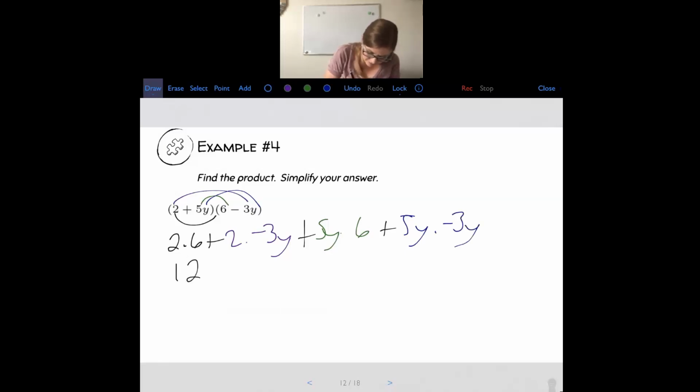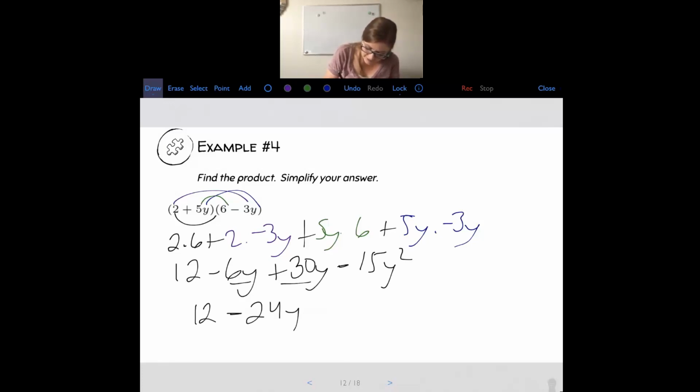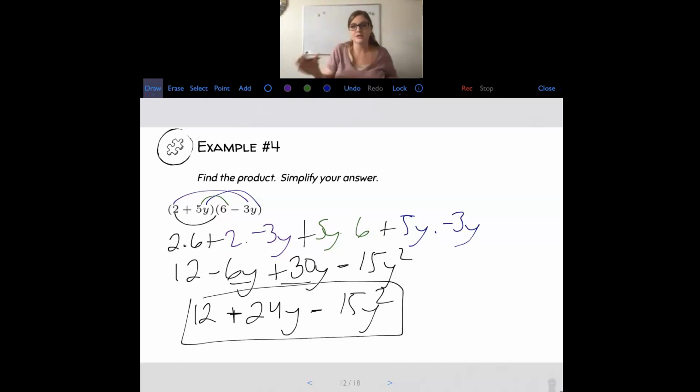So we have 12 minus 6y plus 30y minus 15y squared. And so if we combine our like terms, this is going to give us 12 plus 24y, and then this is going to give us negative 15y squared. Okay, so you can leave it like this, or again, you can reorder it. Just keep the signs with the correct terms.